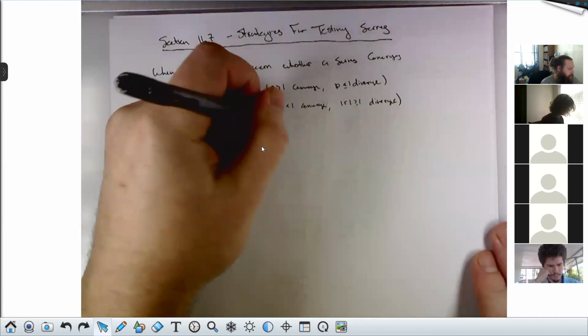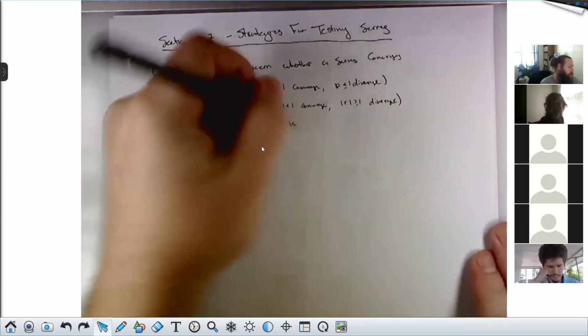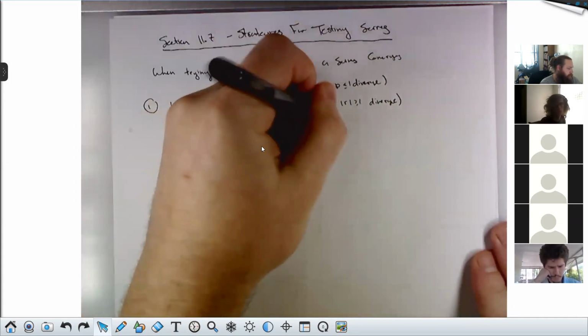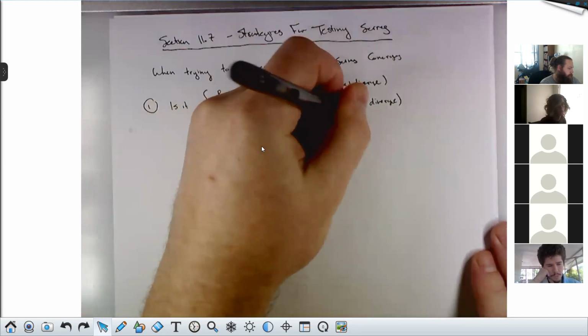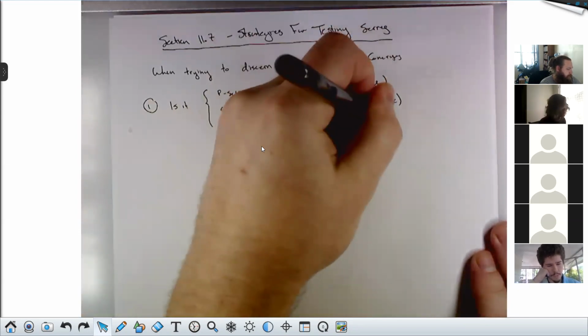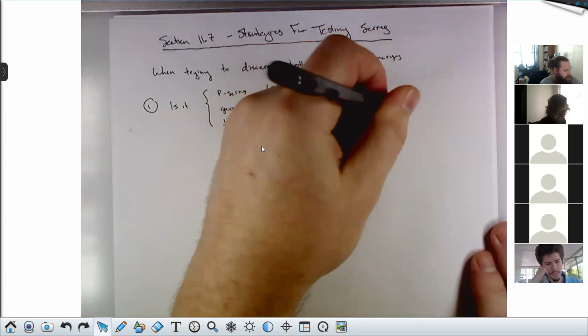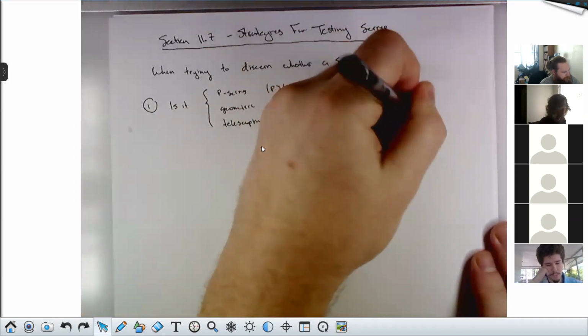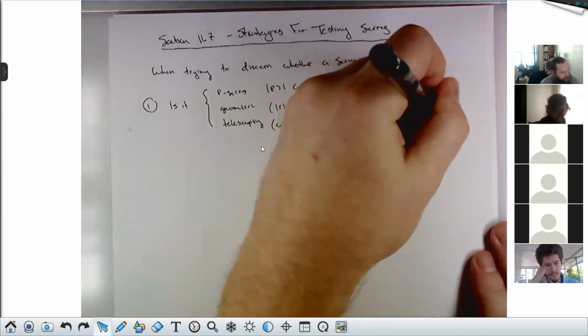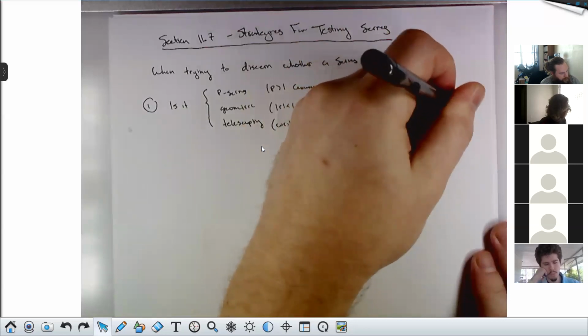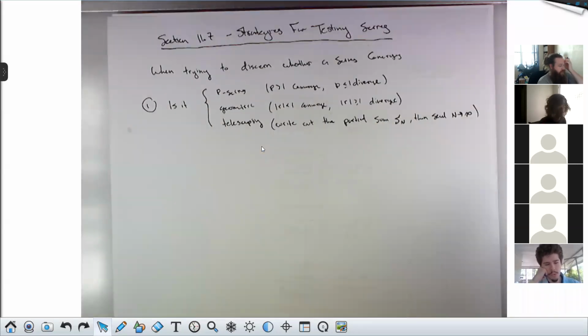And for telescoping series, you need to write out the partial sum S_N, then send capital N to infinity. So I would consider all of those in my step 1. Does it fall into one of these categories? If it does, we know precisely what to do.